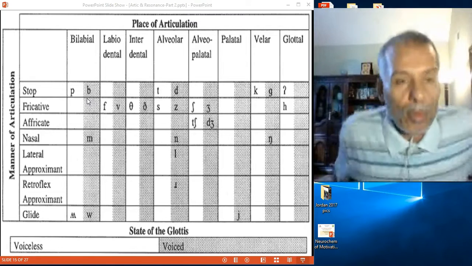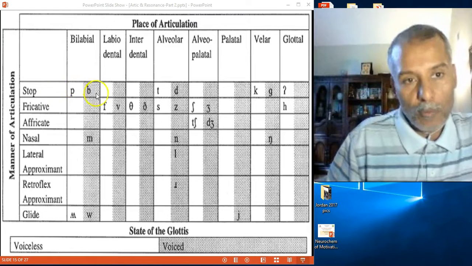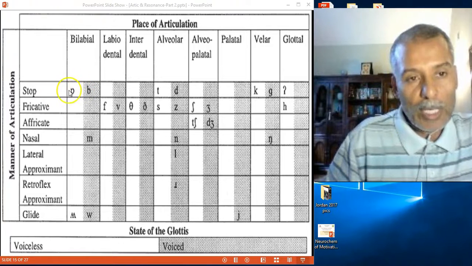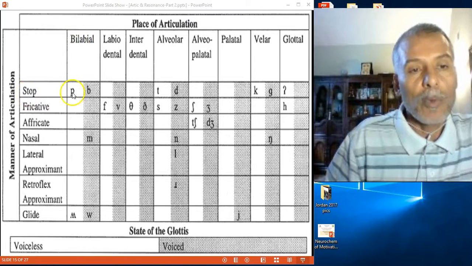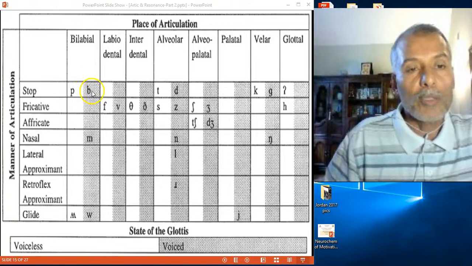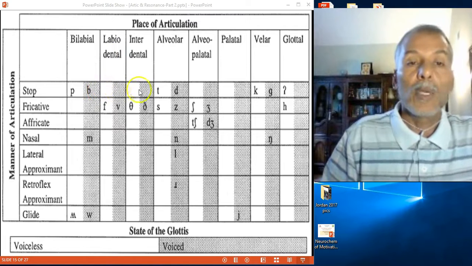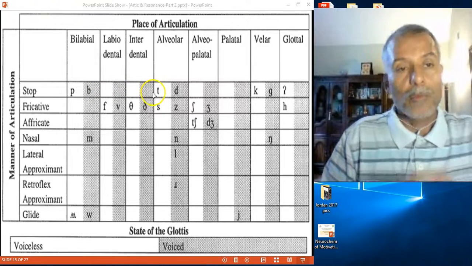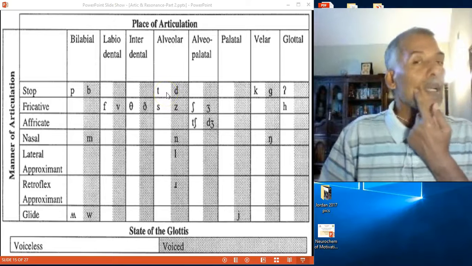So let's look at the p. The p is first voiced or voiceless. It is voiceless. And then you go up and say bilabial and go down and say stop. Voiceless, bilabial, stop. The b is exactly the same except that the b is voiced. Then you go from back to front, and then front to back in the oral cavity.